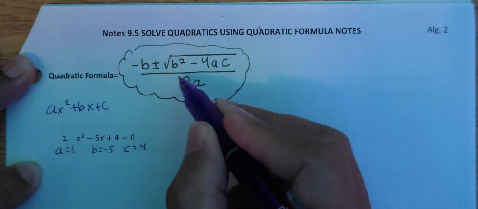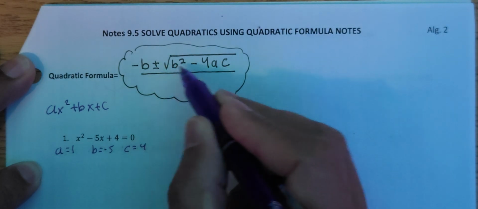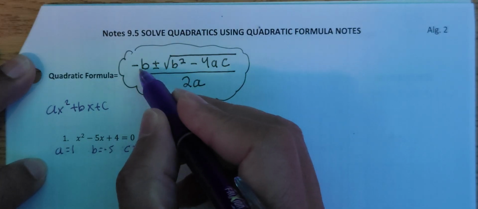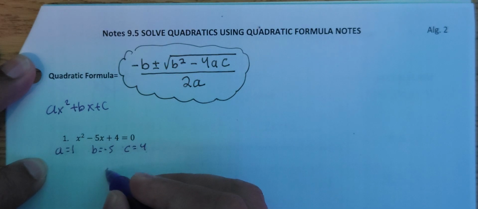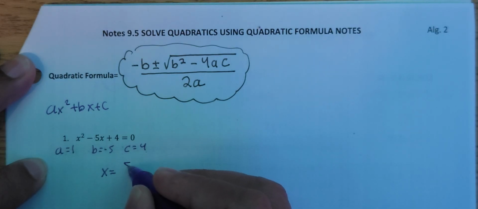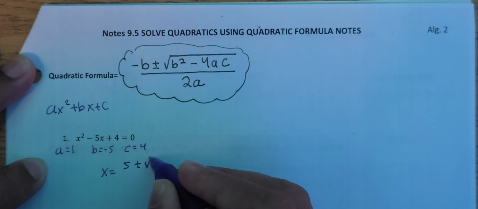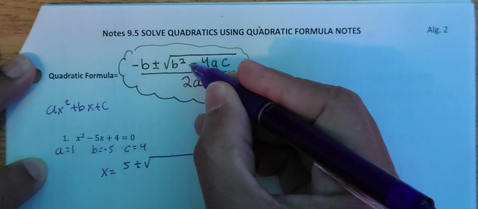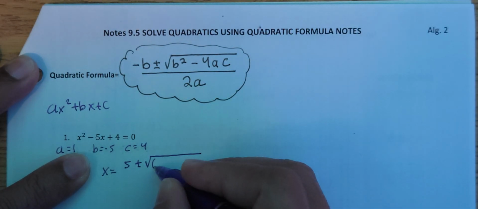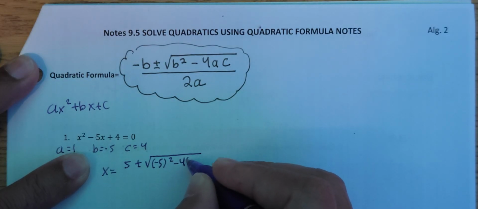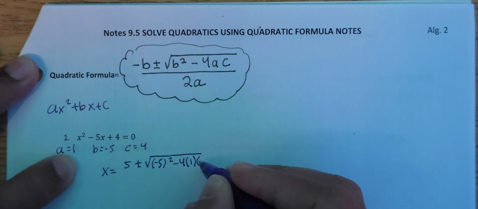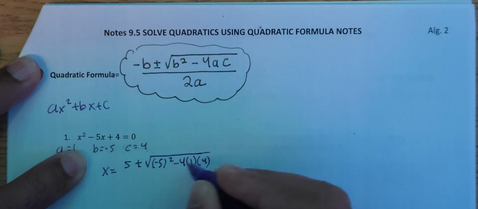So all I'm going to do is substitute these values into that formula. Okay, so this is the opposite sign of b. Since b is -5, then this is +5 plus or minus square root of, it says take b and square it, so b is -5. So -5 squared minus 4 times a, which is 1, and c is 4.